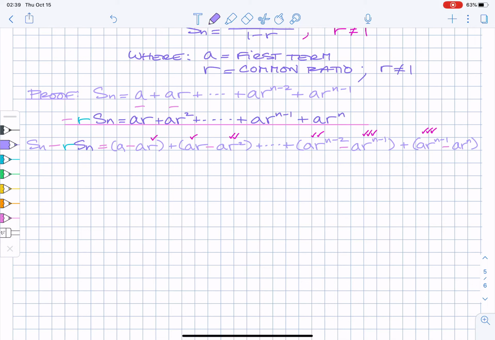So what I'm left with, if I factor out S sub n, I'll have 1 minus r, and that'll be equal to just simply a minus ar to the n on the right.